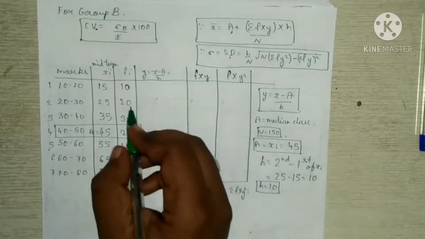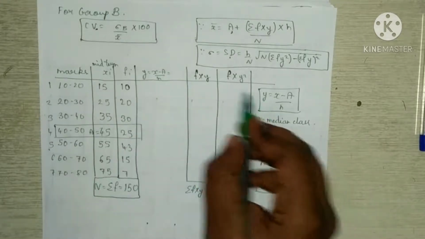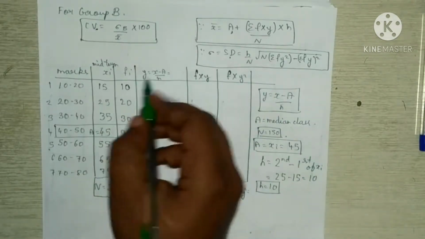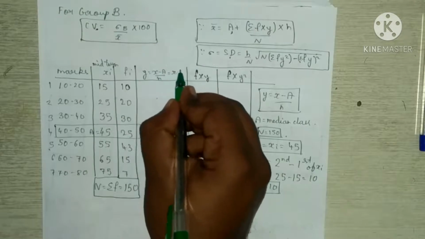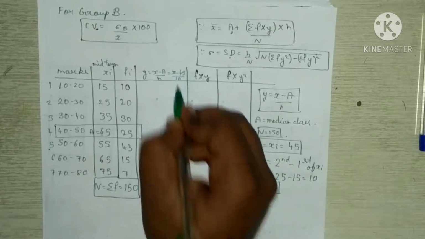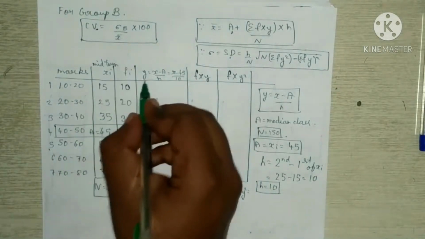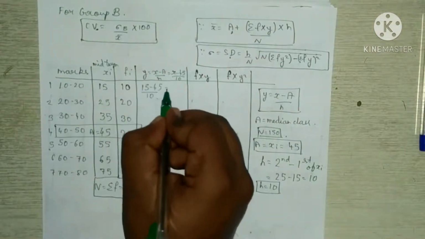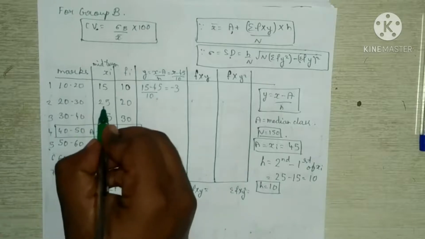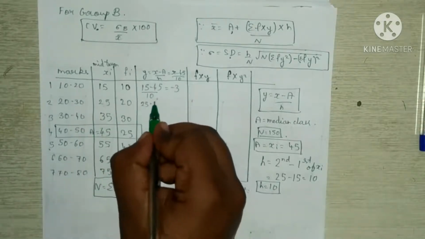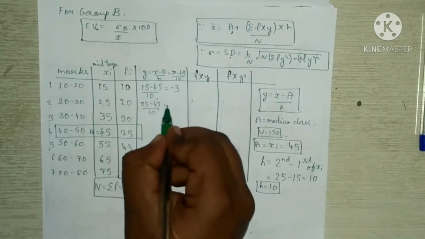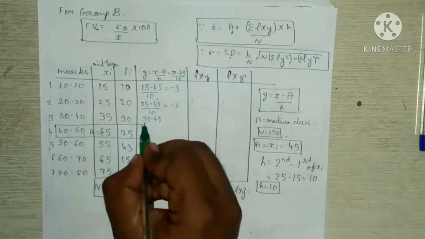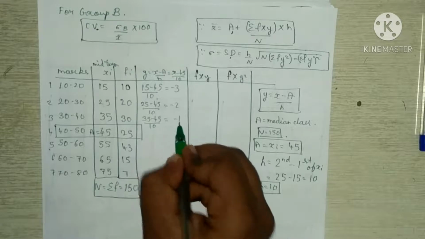Okay, you need to find y and the summation of fy to find the mean. y is equal to x minus a, which is 45, divided by h, which is 10. 15 minus 45 by 10, you'll get minus 3. Next 25 minus 45 by 10, you'll get minus 2. Next 35, you will get minus 1.